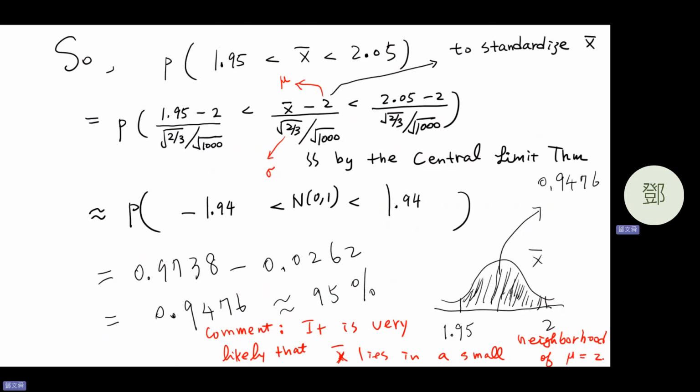You see this? It lies between 1.95 and 2.05 with very high probability, which is very close to 1. So what is our comment? You have to answer this question in the final exam. It is very likely that X bar lies in a small neighborhood of mu equal to 2.